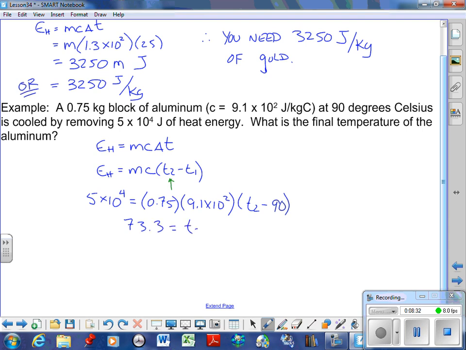I'm going to end up with an intermediate value. It looks like this. And when I go to solve, I end up with a much higher value. The reason for that is this: heat was removed.